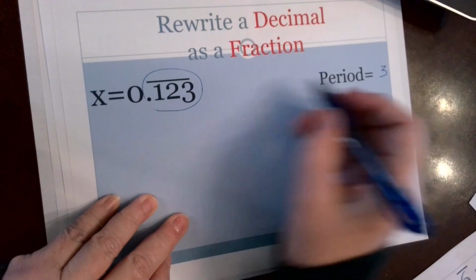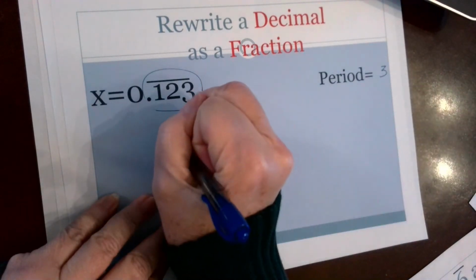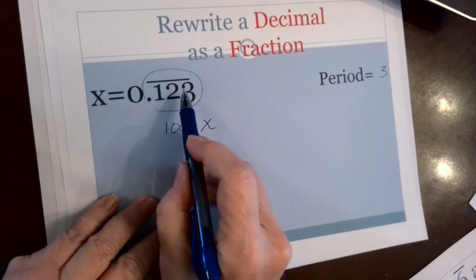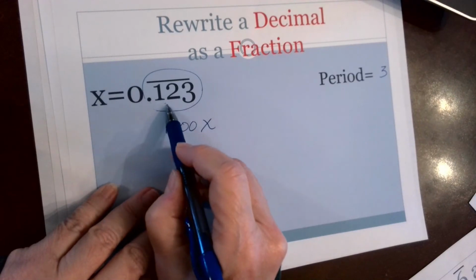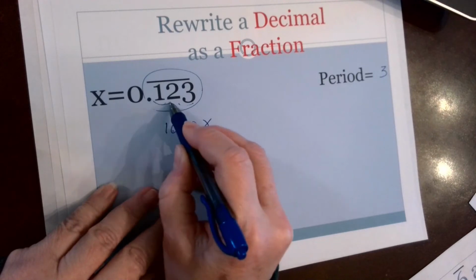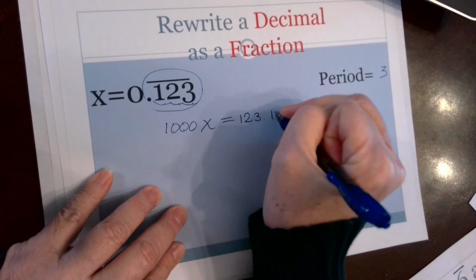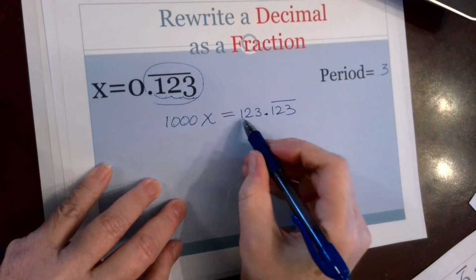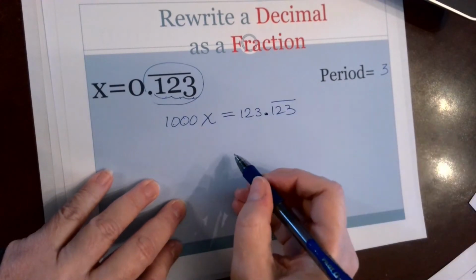So we're going to multiply our decimal by 3 zeros: 1,000 times x and 1,000 times 0.123, which means move the decimal 3 times. So it equals 123.123, and that keeps repeating. All I did was move the decimal to the right, and it kept repeating.